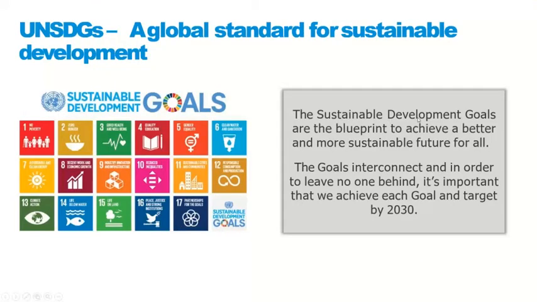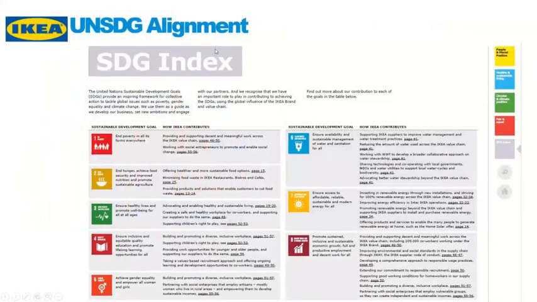Okay, so the sustainable development goals are the blueprint to achieve a better and more sustainable future for all. So here are some of the sustainable goals, para lang makita niyo siya.